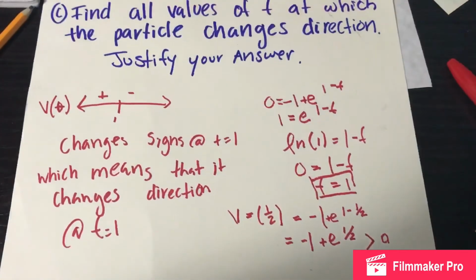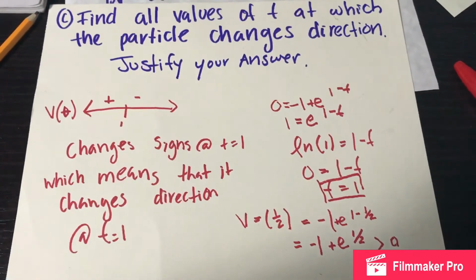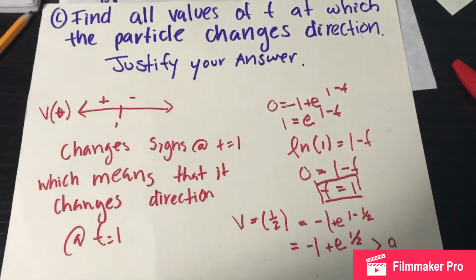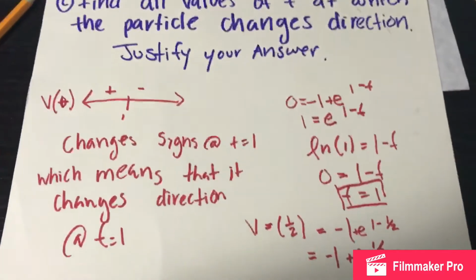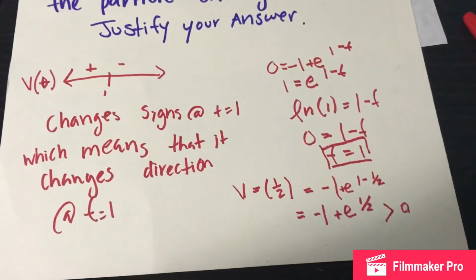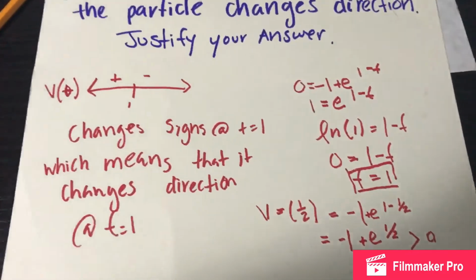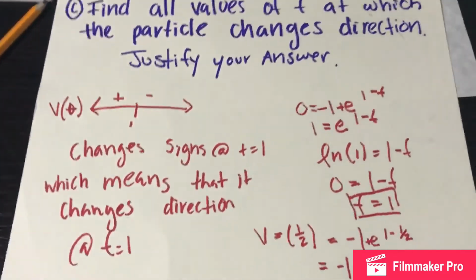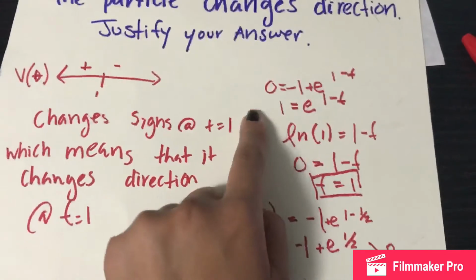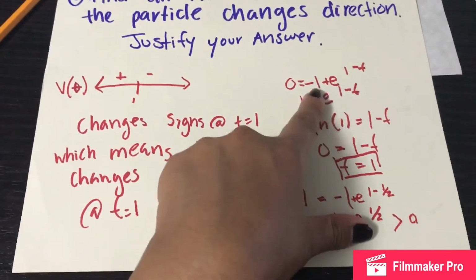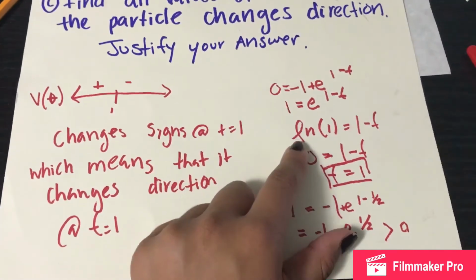So for C, it says find all the values of t at which the particle changed direction. So we know that the particle changes direction when the sign changes. Therefore, you have to make the equation equal to 0, which I did here. Since I made it equal to 0, I isolated the 1, making it positive.